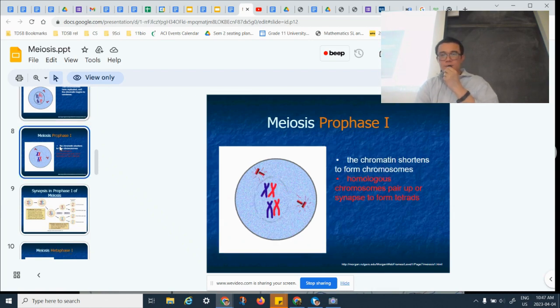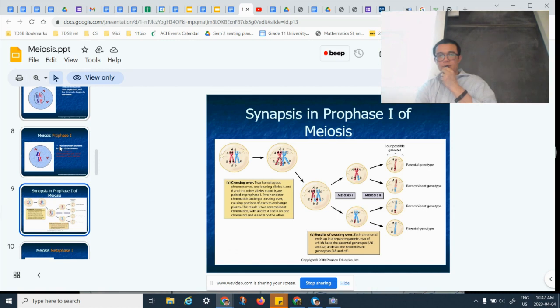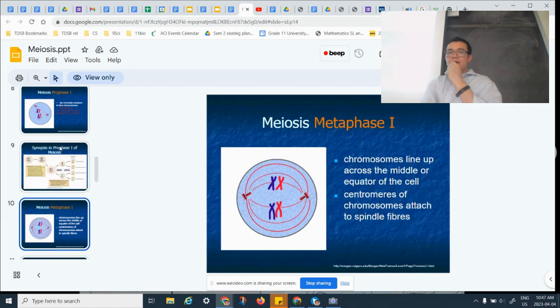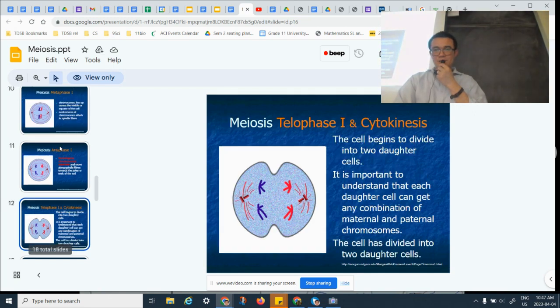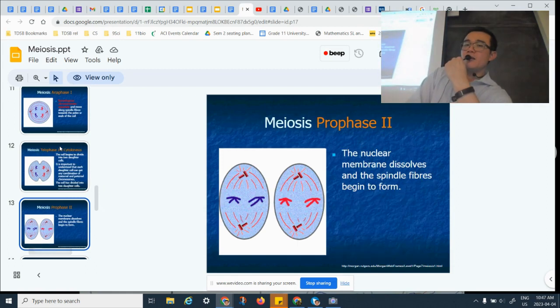Meiosis interphase, prophase 1, metaphase 1, anaphase 1, telophase 1, cytokinesis. This is where we stopped yesterday. So in prophase 1, as you saw earlier, the nuclear membrane dissolved.